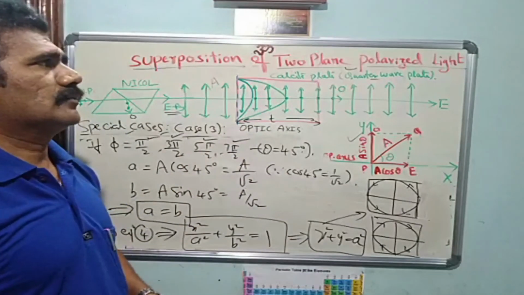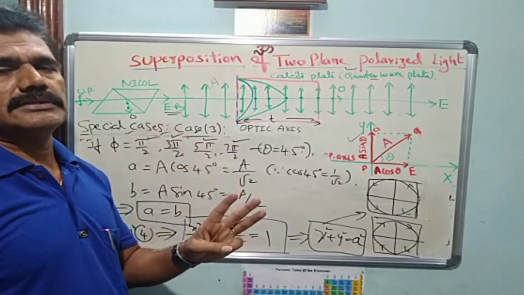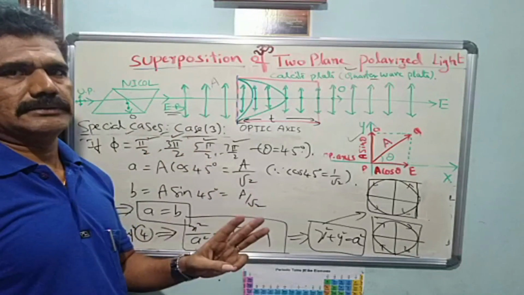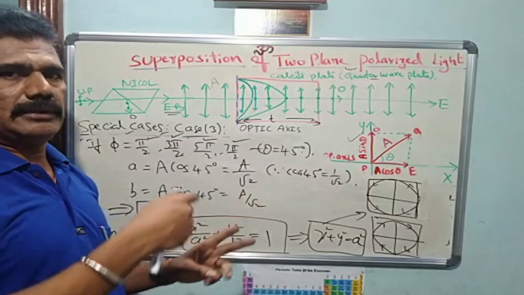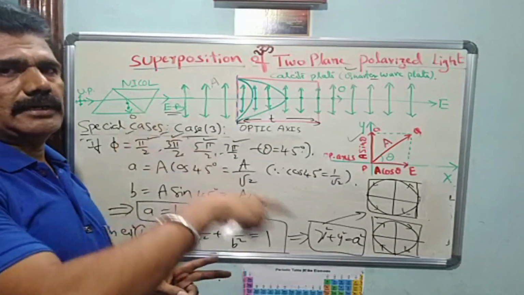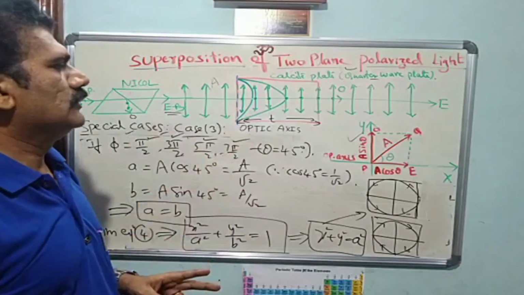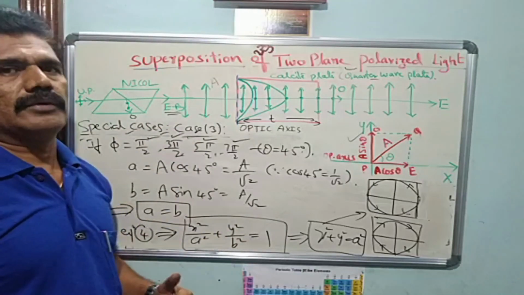Superposition of two plane polarized light waves can give three types of waves. One is plane polarized light, with two possibilities again: the vector may have a positive slope or negative slope, depending upon the vibrations. Similarly, we have another type of wave. What is that?